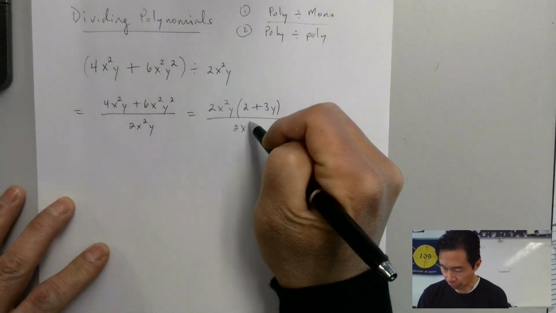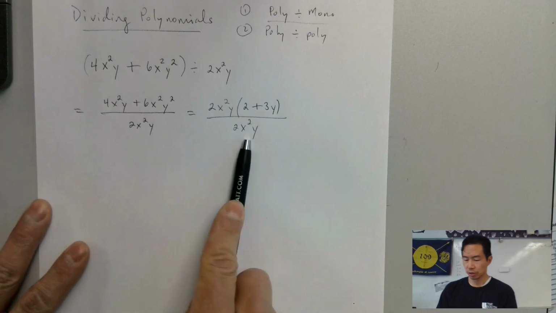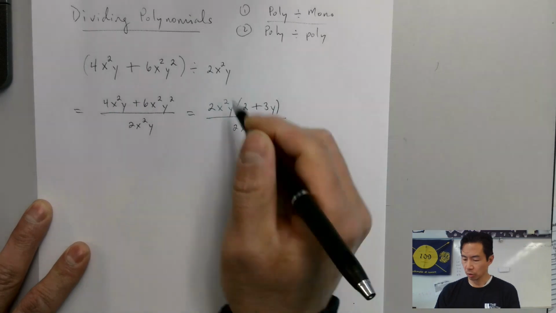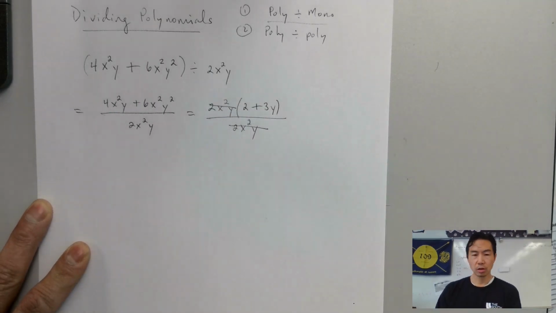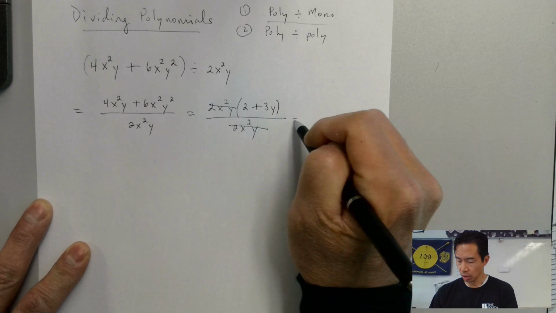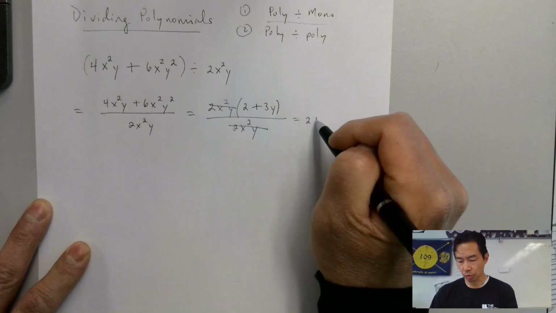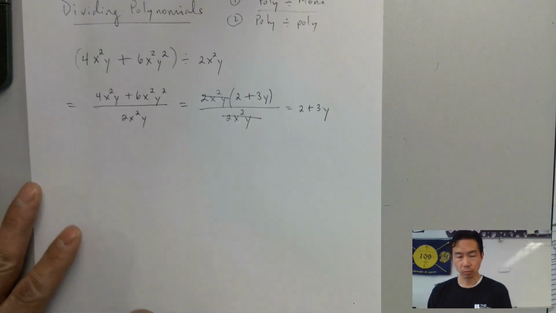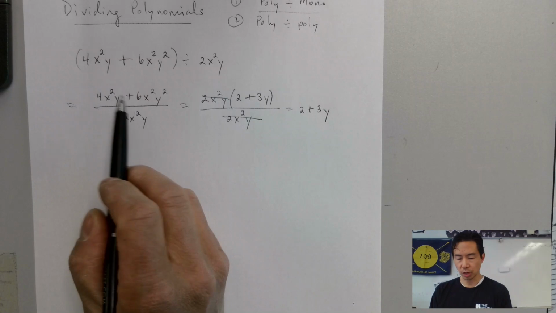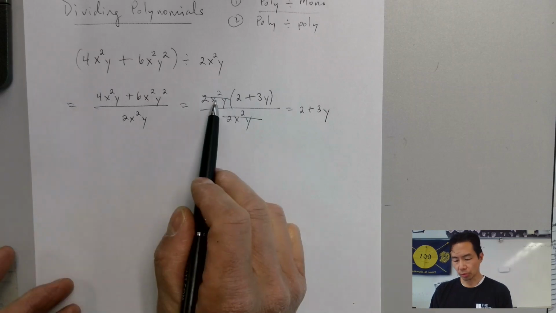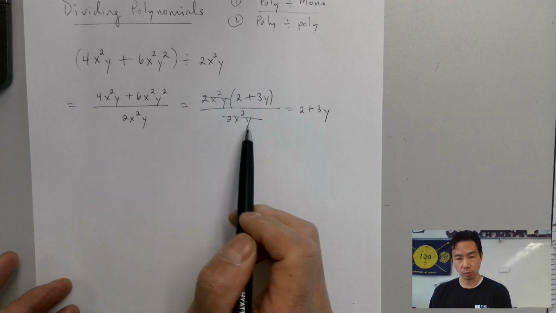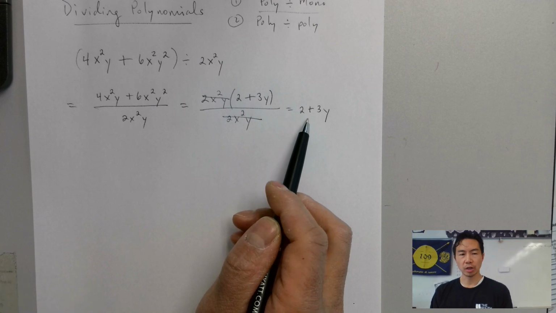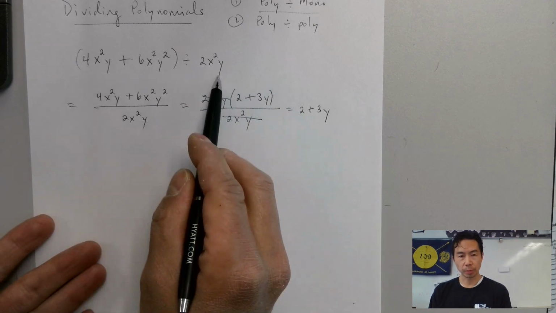And you'll see that the denominator is the same as the GCF that we just took out of this polynomial, so I can cancel completely that GCF with the denominator, and my resulting quotient is 2 plus 3y. Okay, so again, the process was you take out the GCF, then you cancel the GCF with the denominator, if possible, and then whatever your leftover is is the answer to the division problem.